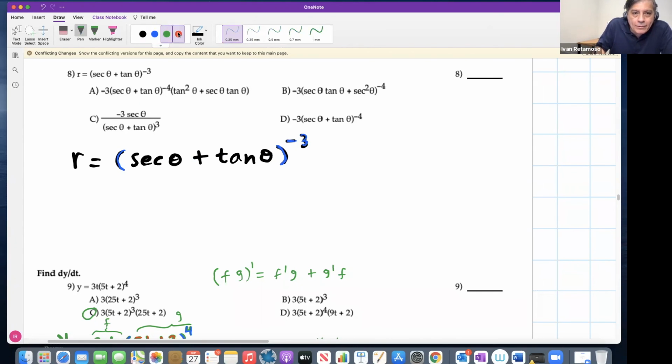And my inside function is the secant of theta plus tangent of theta, right? This is my inside function. So the chain rule says, okay, in order to take the derivative of this composite function, I start with the derivative of the outside function, which is going to be negative 3 coming down as it is, multiplied by what?